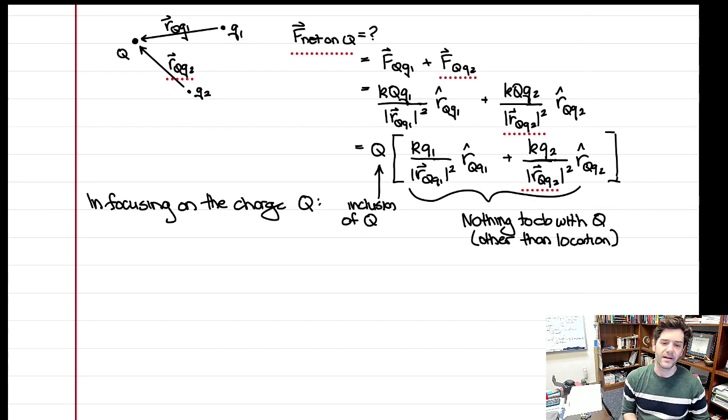All that stuff in brackets has to do with Q1 and where Q1 is and what direction you would point in order to go from Q1 to capital Q. Then the second term has to do essentially entirely with Q2. What's the charge on Q2? And where is Q2 located relative to capital Q? That stuff has to deal entirely with what's going on around capital Q. And then when you drop capital Q into that space, it feels a force as a result of those two charges.